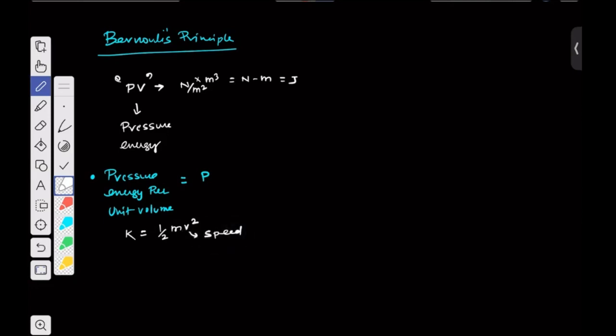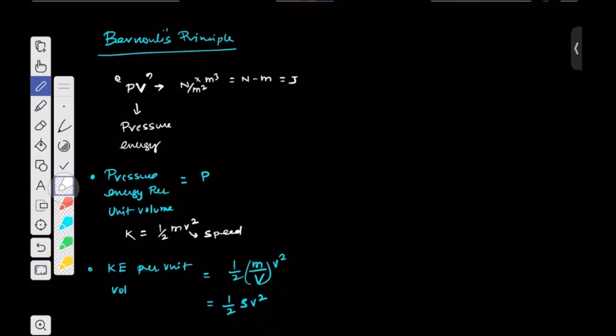This capital V is our volume. So if I ask you what is going to be the kinetic energy per unit volume, that will be half m by capital V, which is volume, into v square. Mass by volume is going to be our density. So that will be half rho v square.